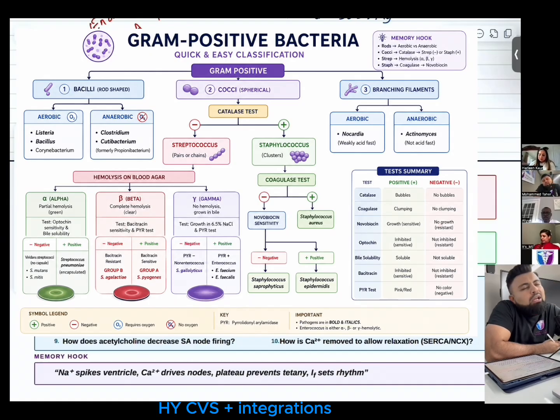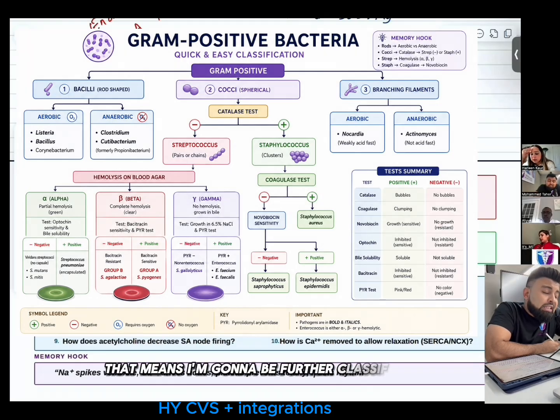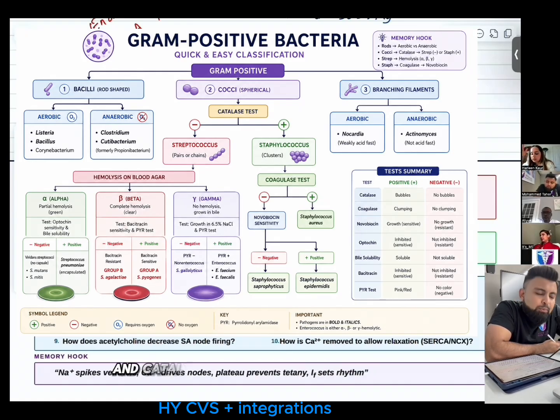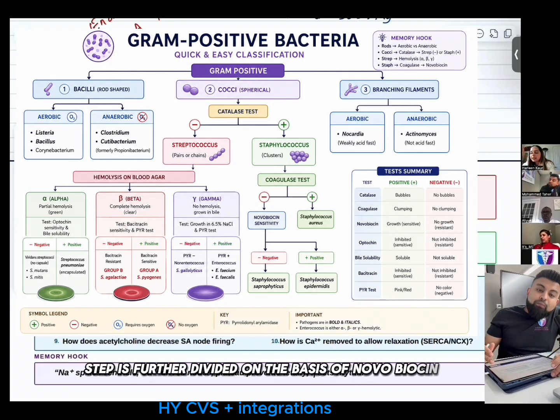Gram-positive organisms, remember, we have cocci, rods, and branching filaments. When I say cocci, that means I'm going to be further classifying on the basis of catalase and coagulase. So catalase positive is going to be Staph aureus, and Staph aureus is coagulase as well as catalase positive. But coagulase negative staph is further divided on the basis of novobiocin sensitivity.